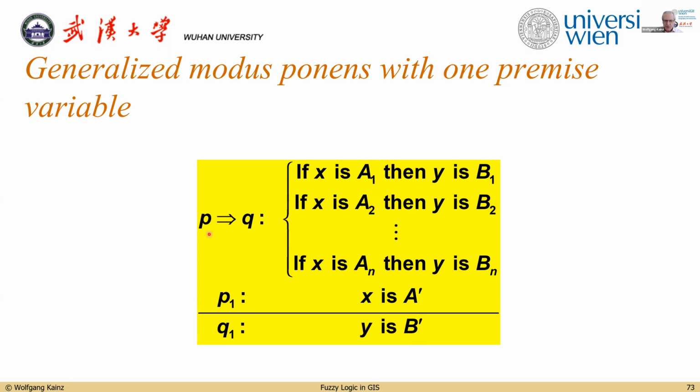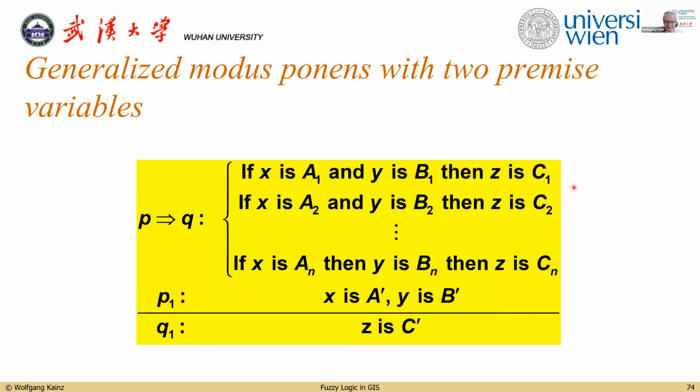And the general form, again, you can see here, is this generalized modus ponens, where P implies Q is the part of the rules, the premise rules, then the given values, and then the conclusion follows. So here is a very simple case with just one premise variable.